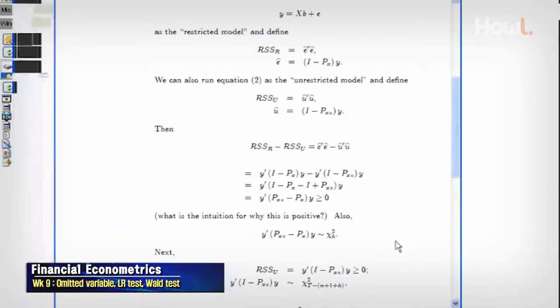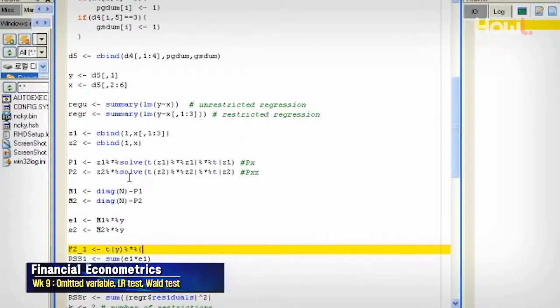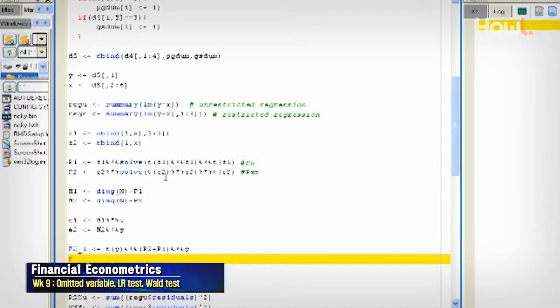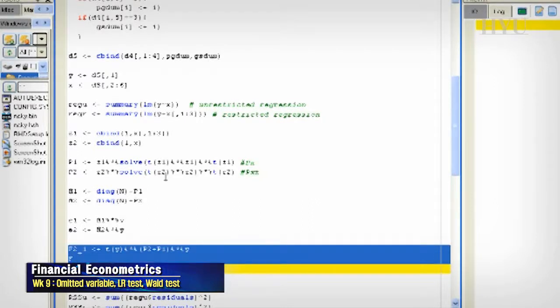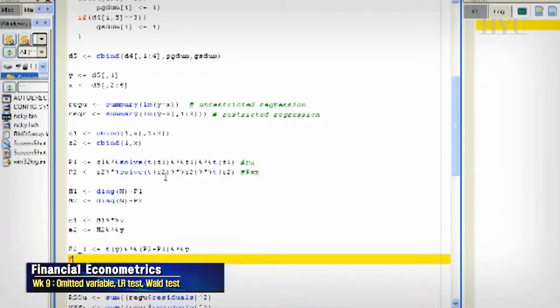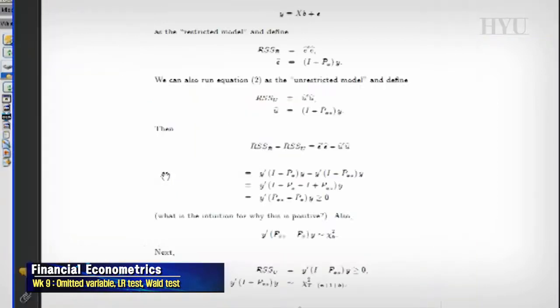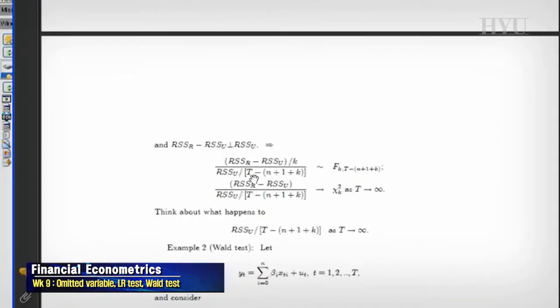In our case, the unrestricted projection is P2, so P2 minus P1. And F has a denominator, which is this one.